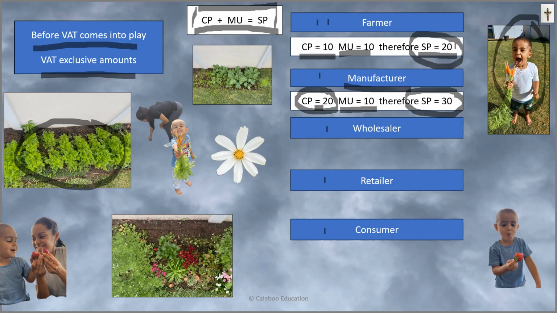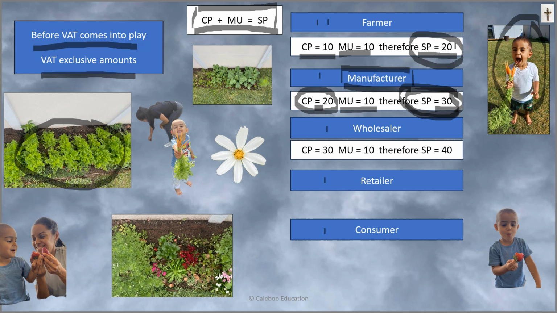So the person, let's say, making the strawberry jam, the manufacturer, is going to sell to the wholesaler for 30. And likewise, the selling price of the manufacturer becomes the cost price of the wholesaler, and 10 Rand is added, and the selling price to the retailer is now 40.